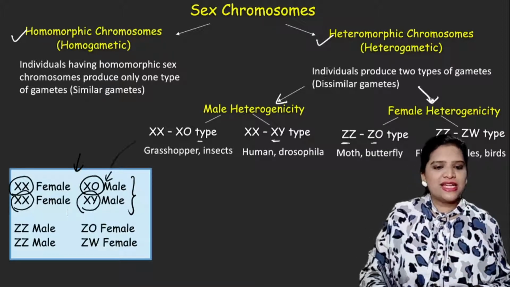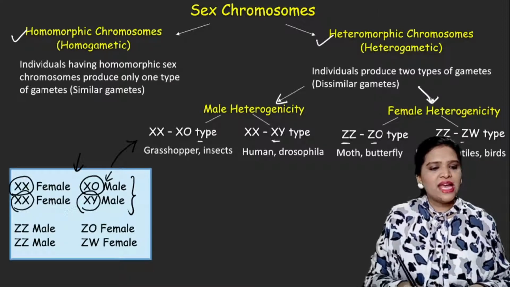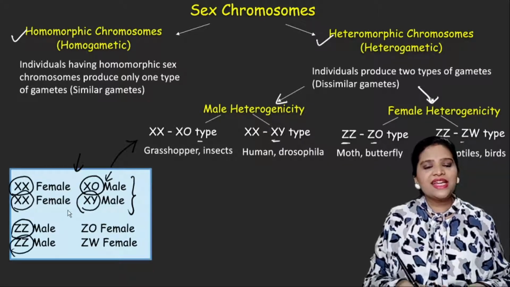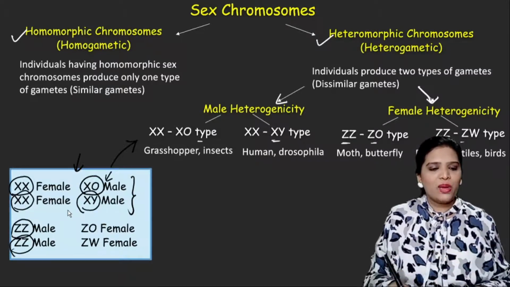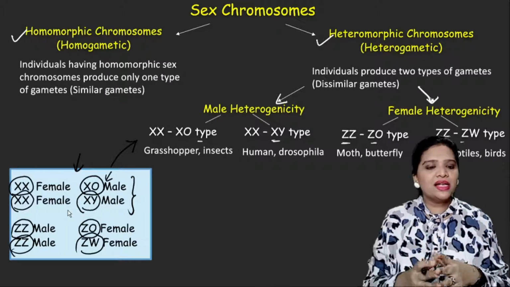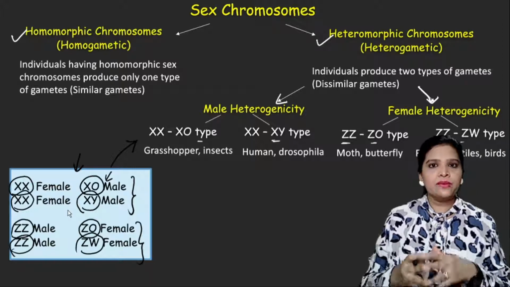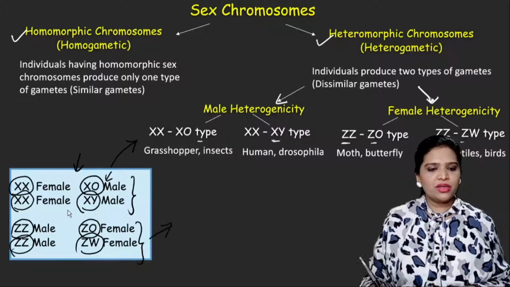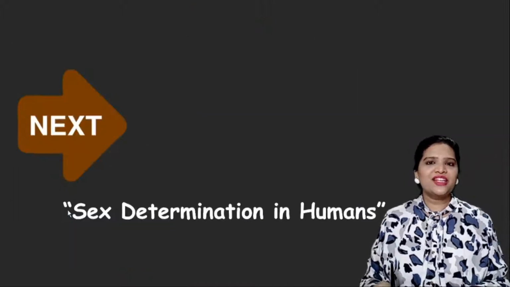So this is an example of male heterogamety. Whereas here, ZZ means the same gametes, which determines male, whereas in the female, ZO and ZW, two different gametes are there. So ultimately the female determines the sex of the offspring. So this is an example of female heterogamety. Understand? So I hope this lecture is clear for you.